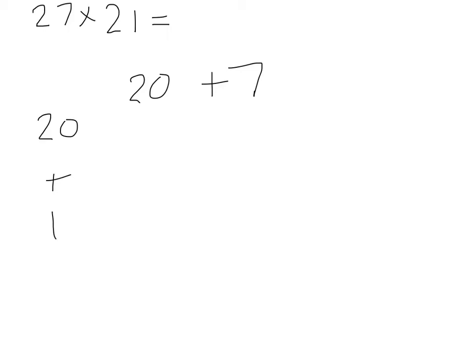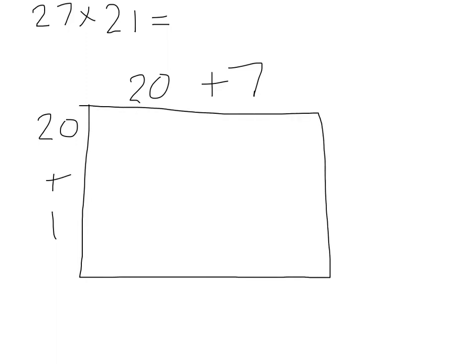And I broke them down this way because I'm going to create my area model. I'm going to try to make it big enough. And so I should have 4 boxes because both of these numbers break into tens and ones when they're broken into expanded form.